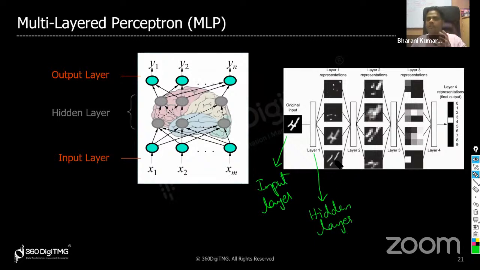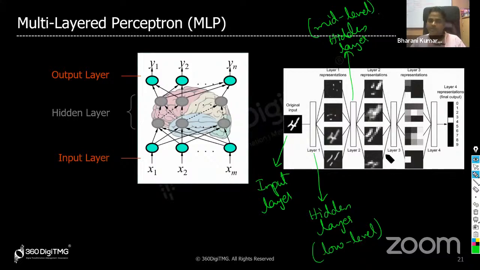The first hidden layer captures what? Low-level details. Then once you get all these representations, you pass them on to the next hidden layer, which captures mid-level features.